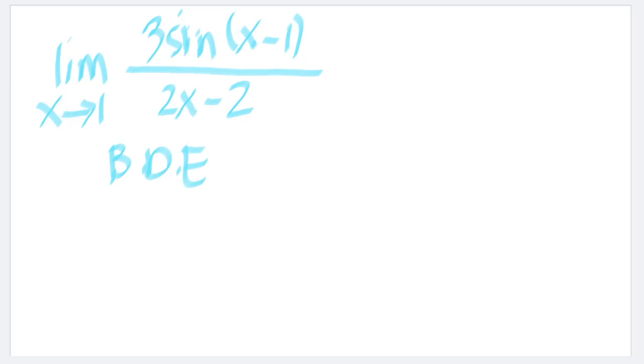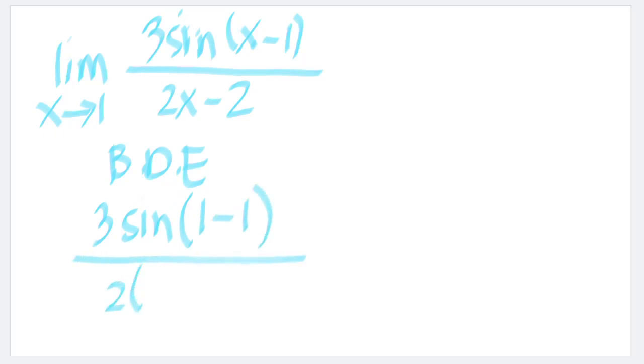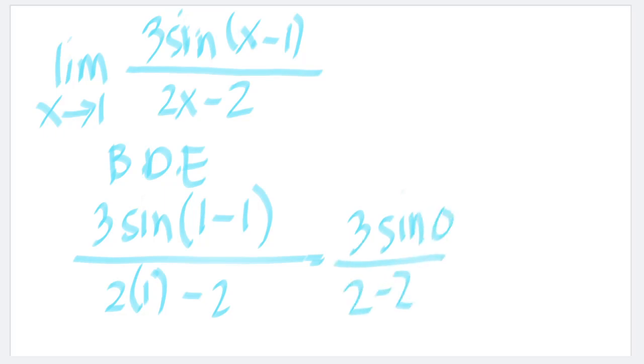The limit of this one would be, you just have to substitute x is equal to 1: 3 sine of 1 minus 1 over 2 times 1 minus 2, and that is equal to 3 sine 0 over 2 minus 2. And we know that sine 0 is 0, times 3 is 0. So 0 over 0.